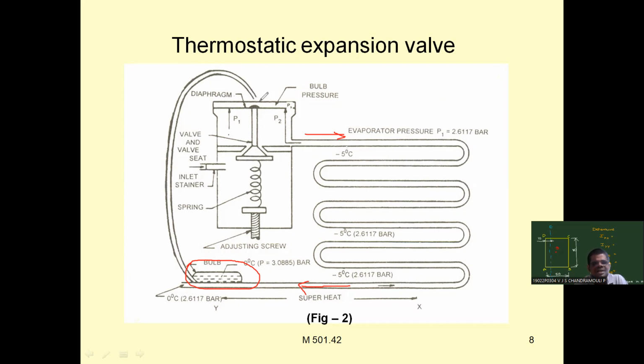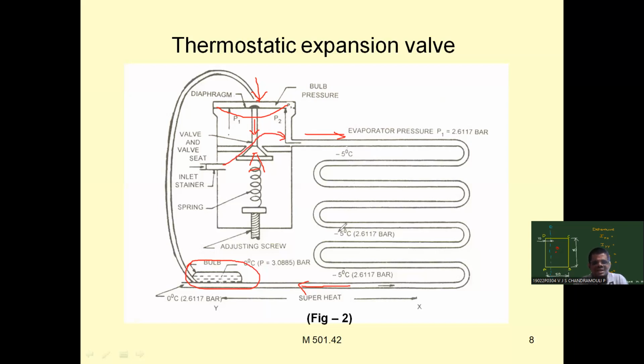So this pressure acts downwards. Due to the pressure acting downwards on the diaphragm, it bends like this, and the valve moves downwards. That's why it makes more opening in the valve, and more refrigerant enters the evaporator.